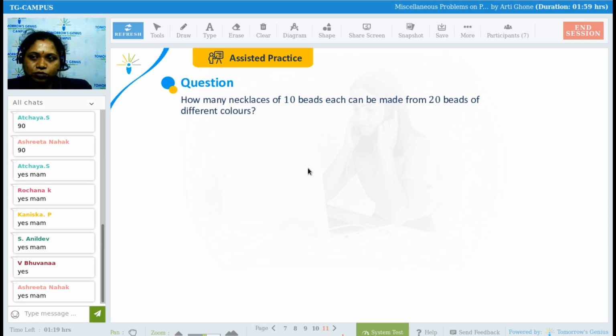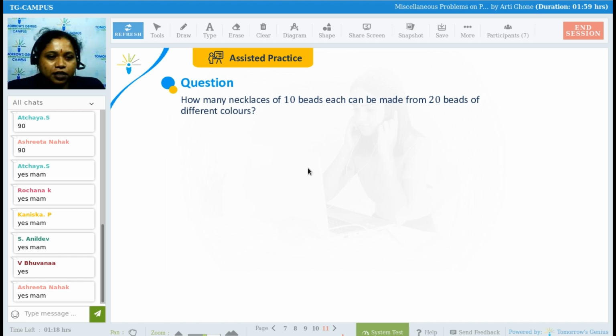Out of 20, 10 beads are chosen for the necklace. First thing, let's talk about whether it's circular or not.